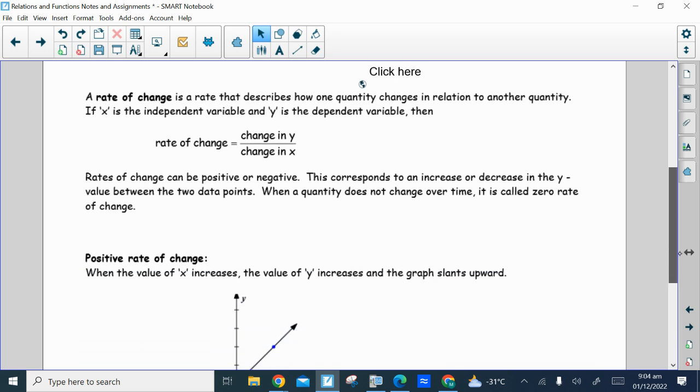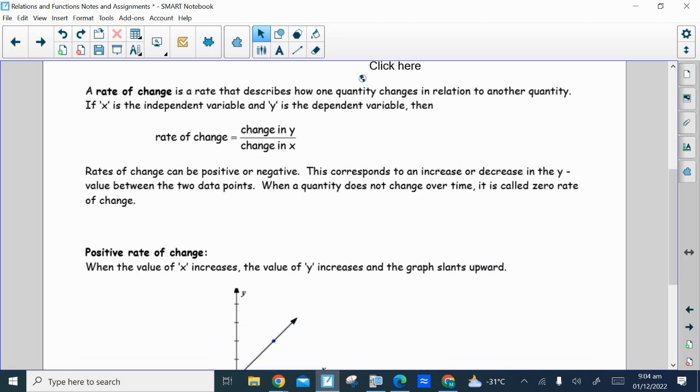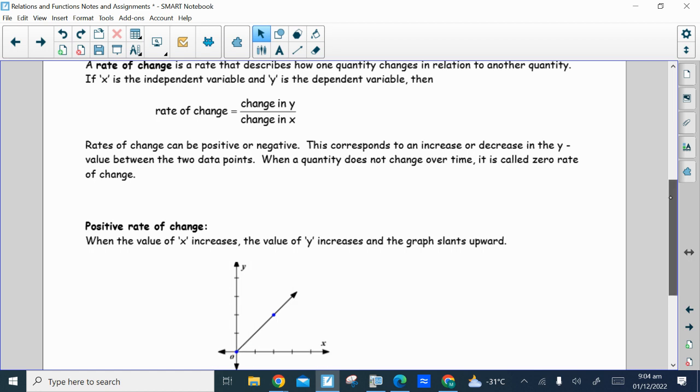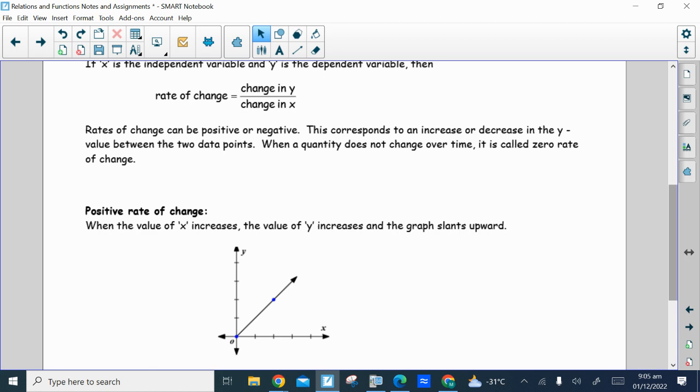But it doesn't change the fact that the rate of change, which is what slope is, is the change in y over change in x. And as I said in the video, rates of change can either be positive or negative. This would correspond to an increase or decrease in the y values between two data points. When a quantity does not change over time, it is called a zero rate of change.